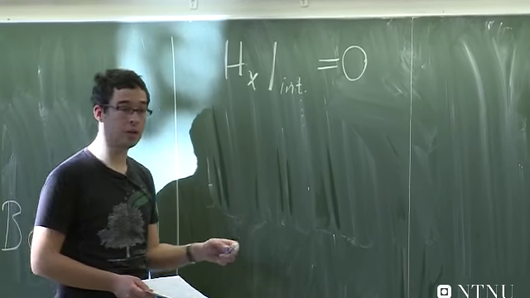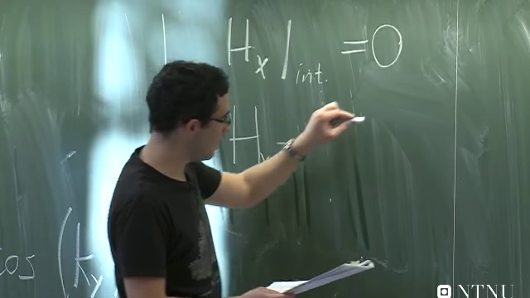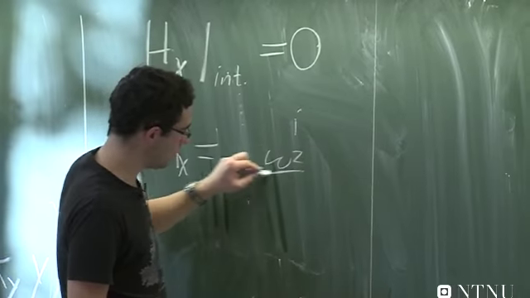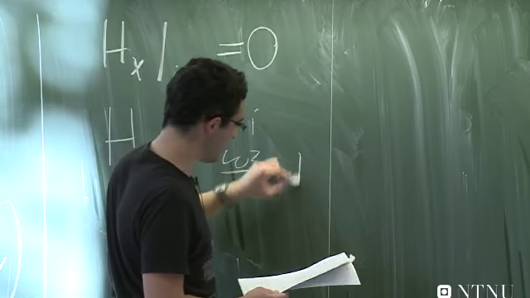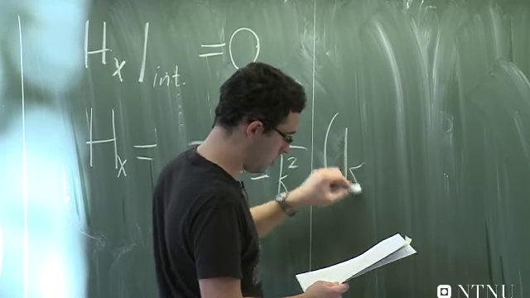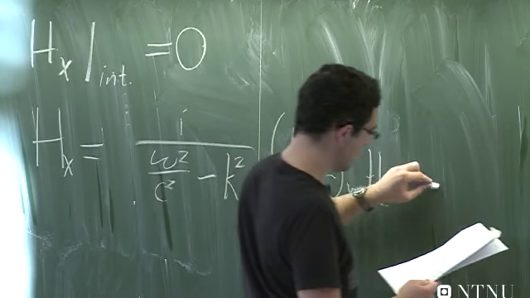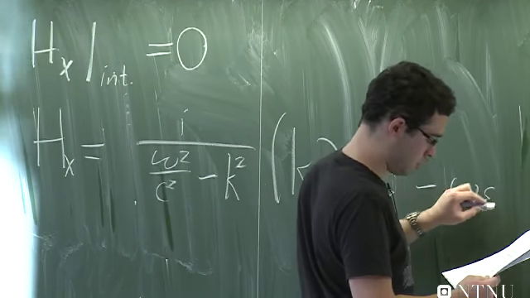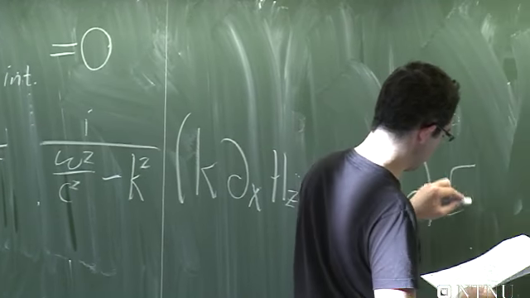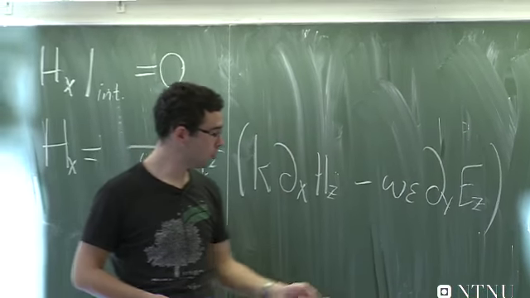And if I look at what Hx is, it is simply i over omega square over c square minus k squared, then k dx Hz minus omega epsilon dy Ez. And in the transverse electric mode, this is simply 0.